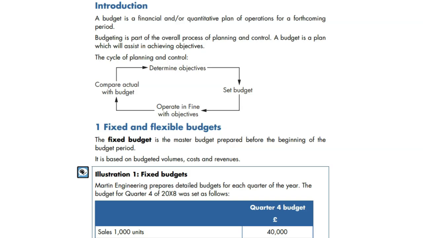Introduction. What do you mean by budget? Budget is the financial and quantitative plan of operations for a forthcoming period. Basically, budget is the financial expression of your plan.